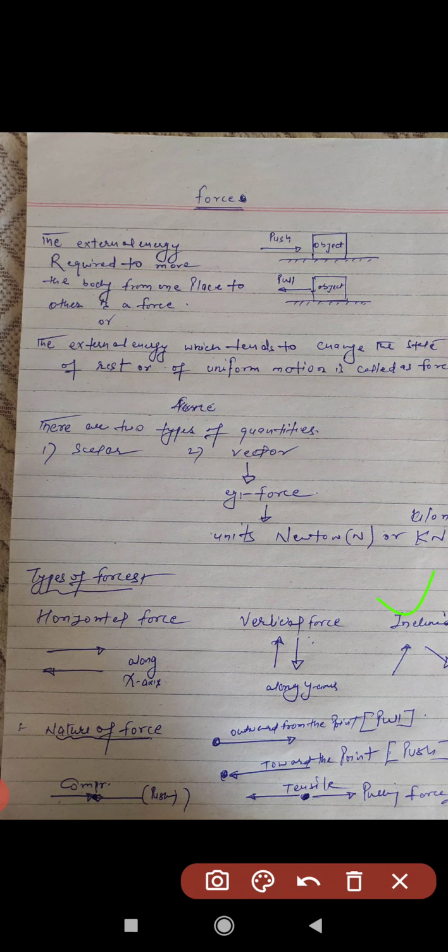Another thing is the nature of forces. What is the nature of forces? Suppose we have this point, and we are stretching this point, giving a force in the outward direction, outward from the point. This is a point, and you are pulling this point, and this is an outward type of force.